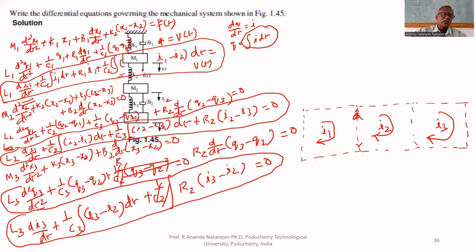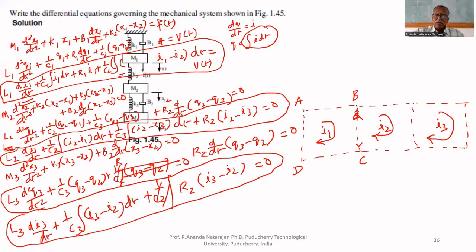If you consider the first equation, L1 di1 by dt, only I1 is flowing. Therefore, we can draw this on any one of three sides, except BC: either AB, AD or DC.